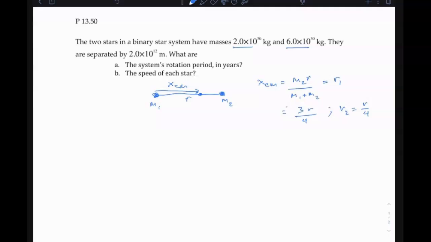And then we realize that mass 1 is going to rotate around the center of mass in a circle of radius r1. And mass 2 is going to rotate in a circle around the center of mass with the radius r2.